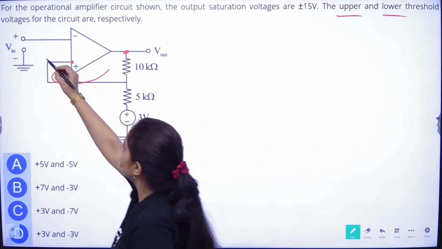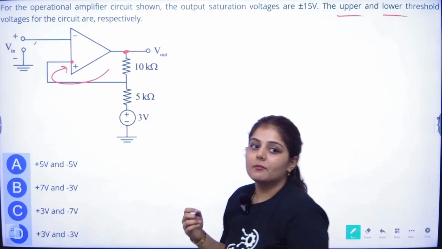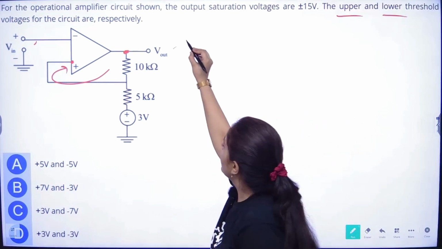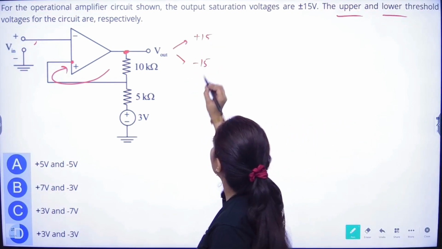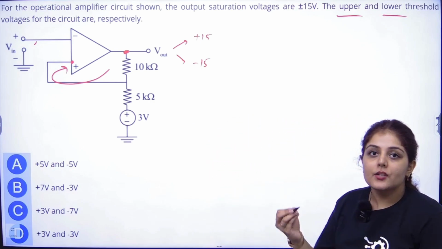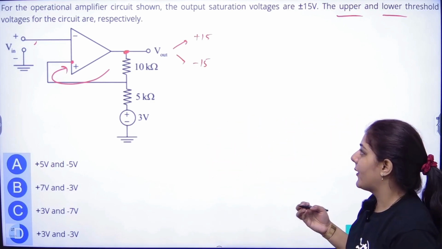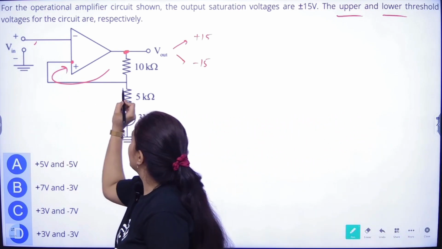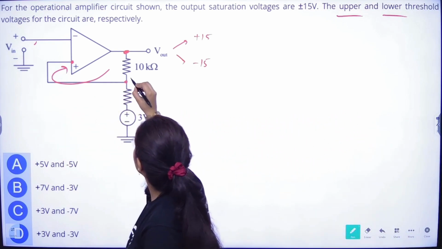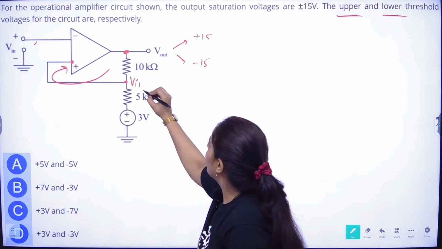So this is the input and this is the output. Maximum output will be plus 15 and minimum output will be minus 15. For upper and lower threshold voltages, what we do is we find out the value of input. Let's just take, this is Vn only.